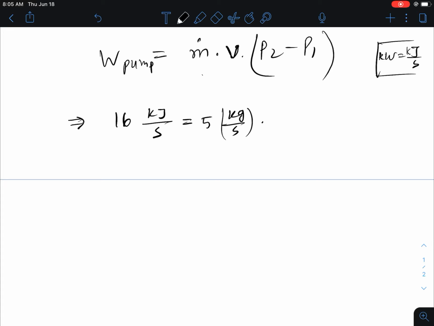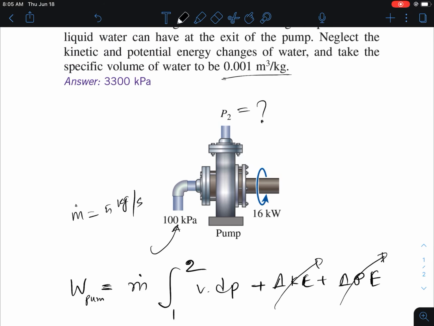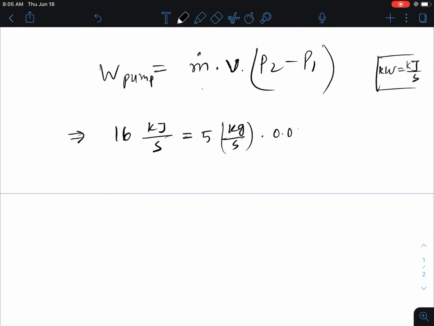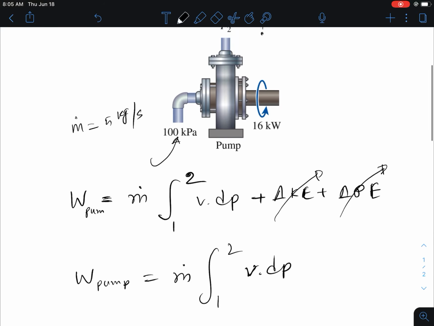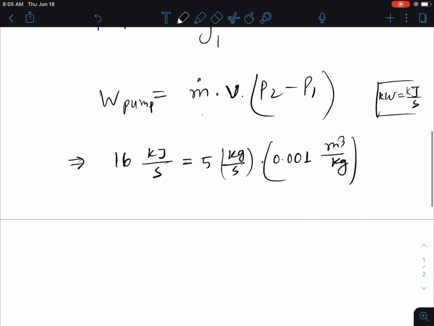And the specific volume is given right here. The specific volume of the water, 0.001 meter cube per kg. And my apology for the noise.